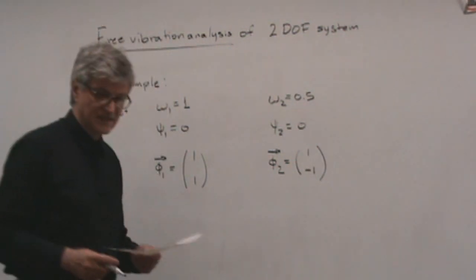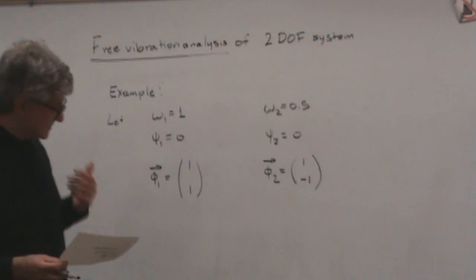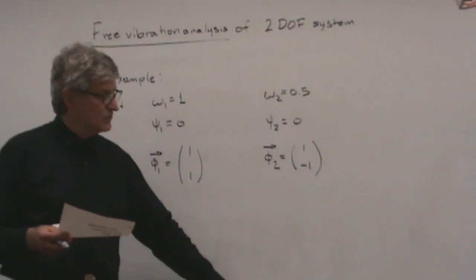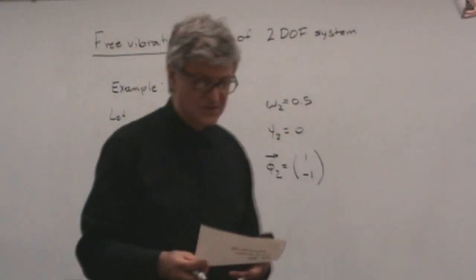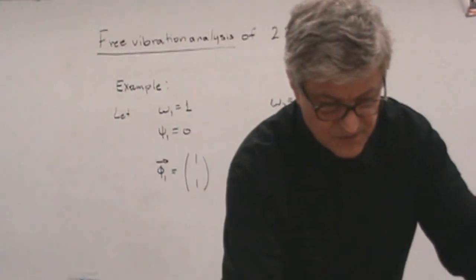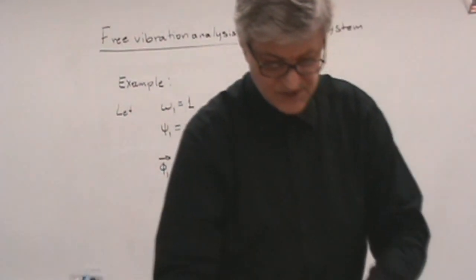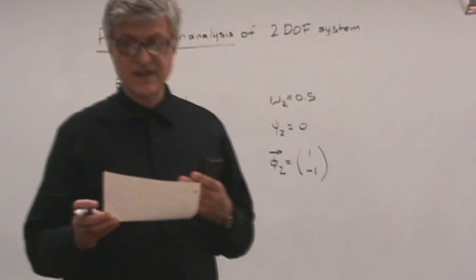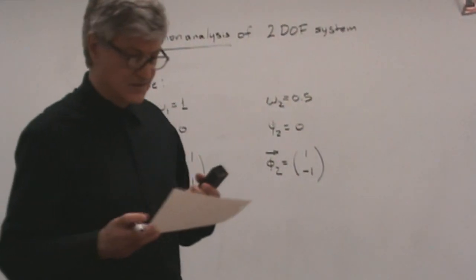This is a kind of a fictitious example. Now, what can we tell about the motion of the system? Well, the motion of the system is the superposition of two harmonic motions in two frequencies.